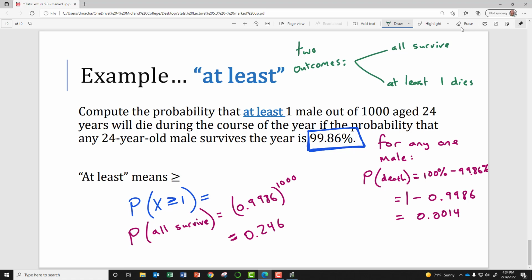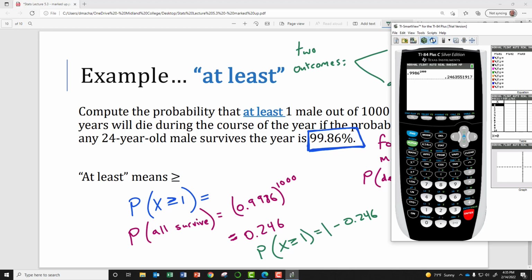And so these are complementary events. And so if I want the probability that at least one is dying, that's going to be 1 minus 0.246. And in other words, 1 minus that answer. So this is going to be 0.754.